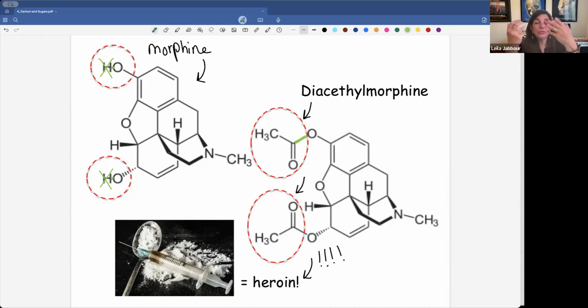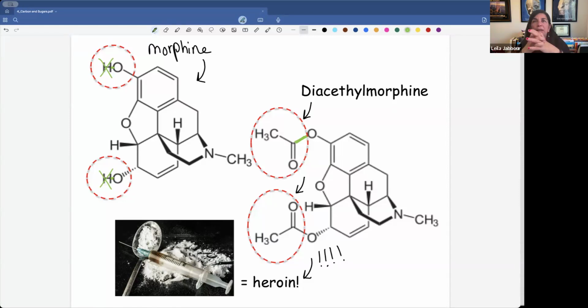Morphine is a natural substance found in poppy seeds. And there was a German chemist working in his lab to change morphine into an analgesic that we can give patients without the side effects of morphine.